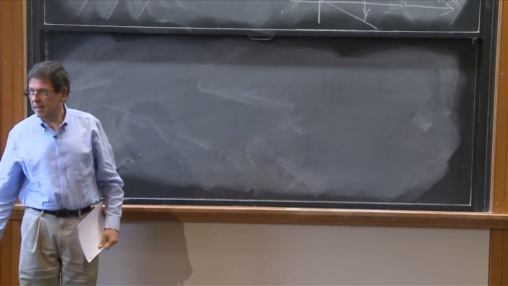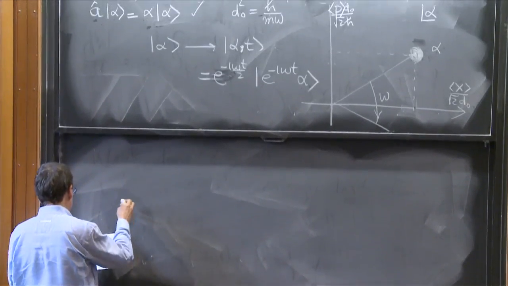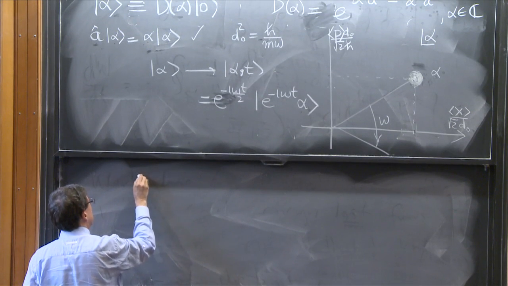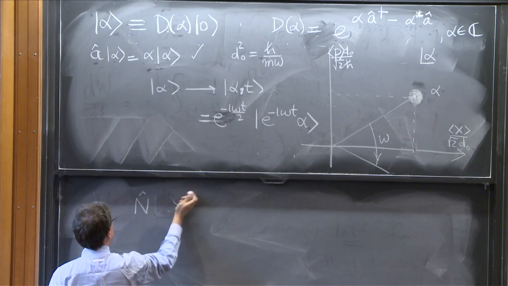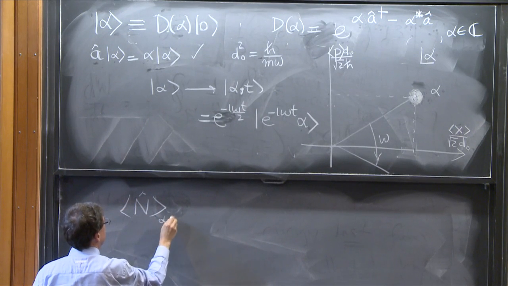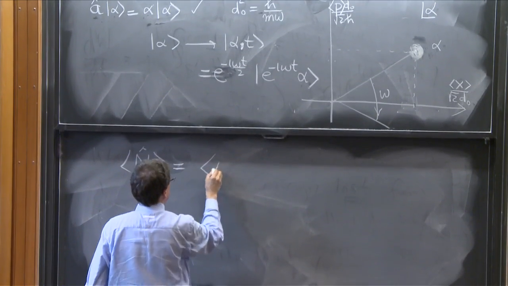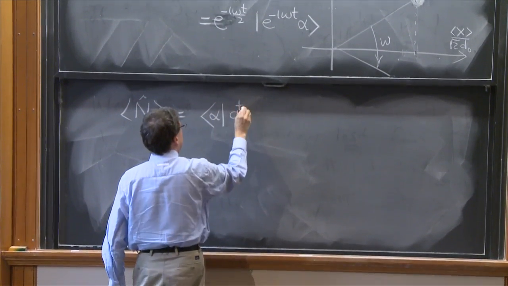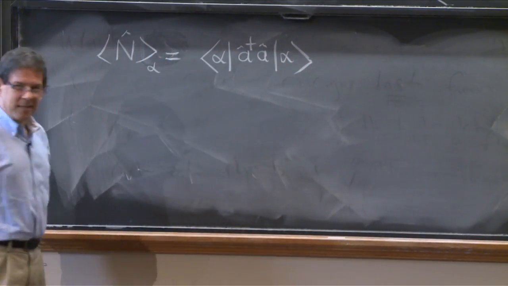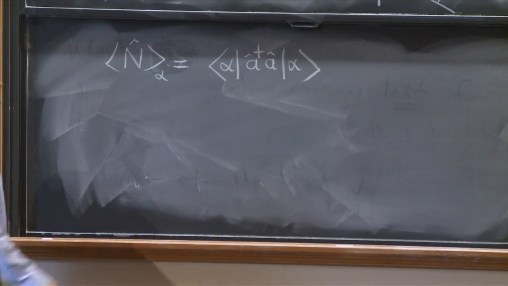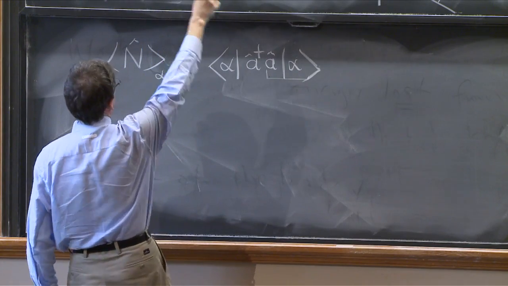So let's see what we have. In this coherent state, what is the expectation value of the number operator? The number operator in alpha, you would do this A dagger A in alpha. These are easy to do because A on alpha is alpha times alpha.